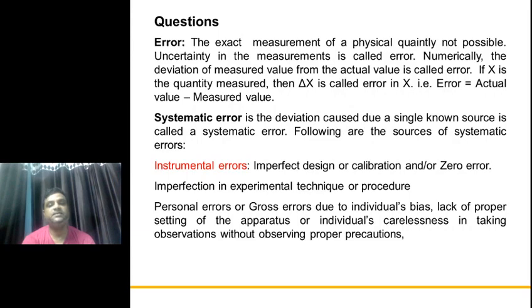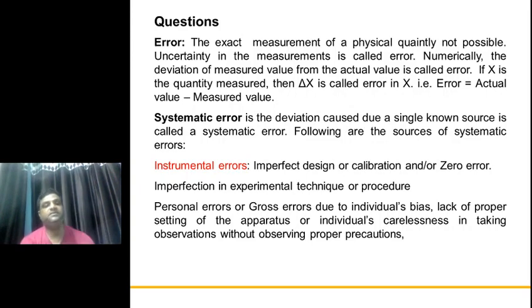Systematic error, we have already discussed. It is the deviation caused due to a single known source. Sources of systematic error are instrumental error, imperfect design, calibration or zero error, imperfection in experimental technique or procedure, personal error or gross error due to individual bias, lack of proper setting of the instruments, or individual carelessness in taking observations without proper precautions.